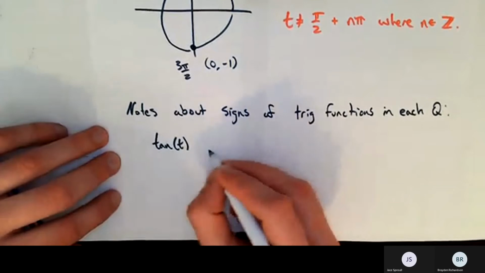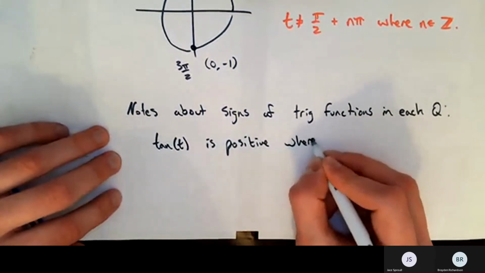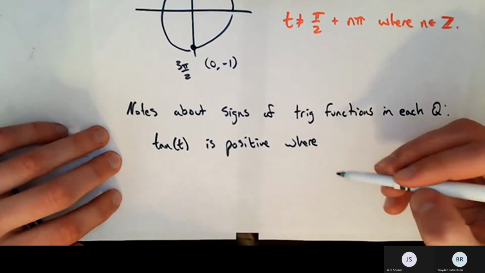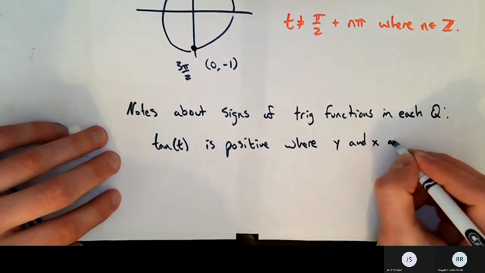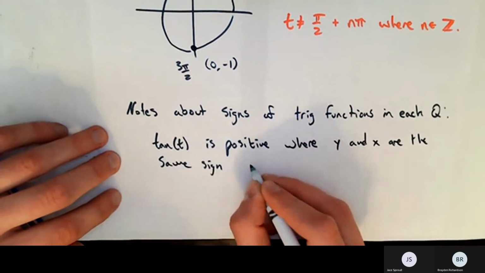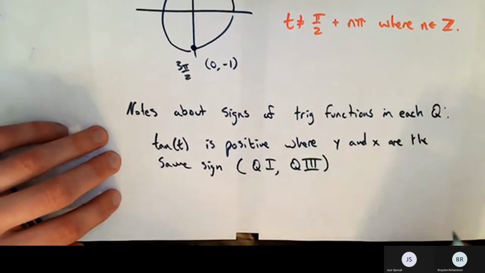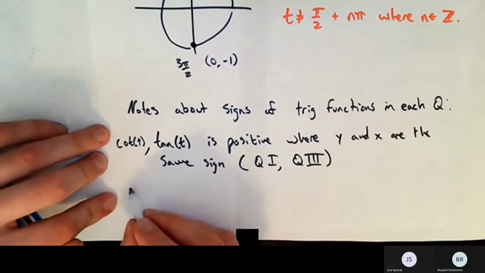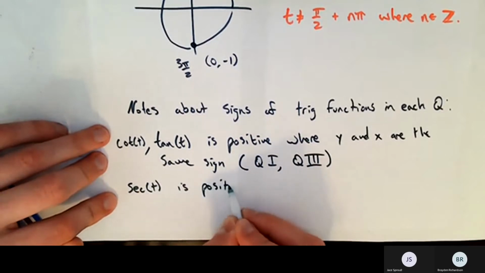Tangent of t is positive where, well, it's y over x, right? So it's going to be positive where y and x are the same sign. In other words, quadrants 1 and 3. This applies to cotangent as well, so I'll say cotangent of t here. And then secant of t is the reciprocal of cosine, right?